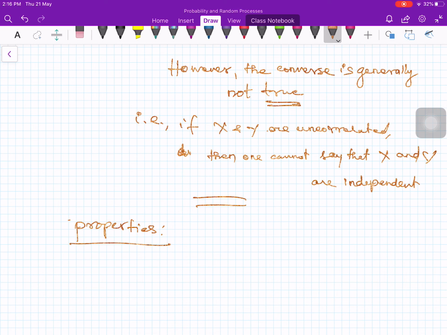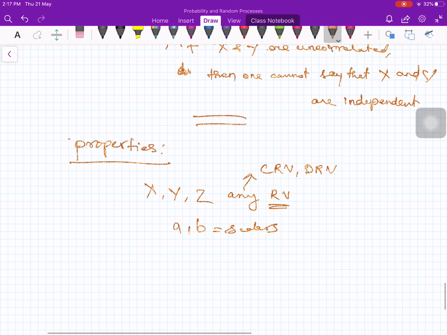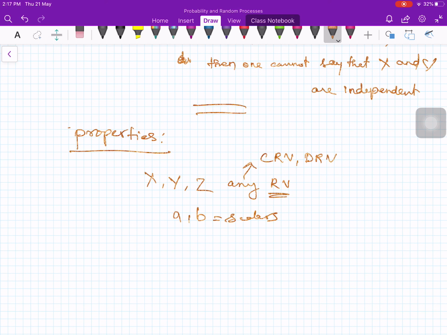Let's say x, y and z are any random variables. Any in the sense that they can be continuous or discrete random variables. And then a and b are two scalars.